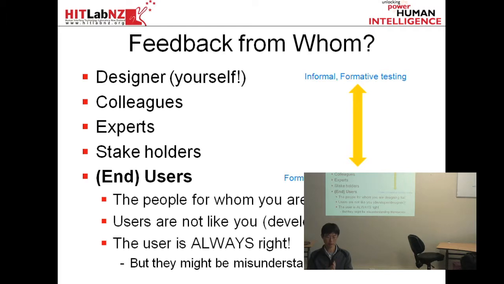And then we briefly talked about from whom we get the feedback. At the early stage of your research, usually you yourself will be assessing your own prototype. You can ask your colleagues or even experts, like you can ask Mark or some other professors, to see if that's a good solution or not.